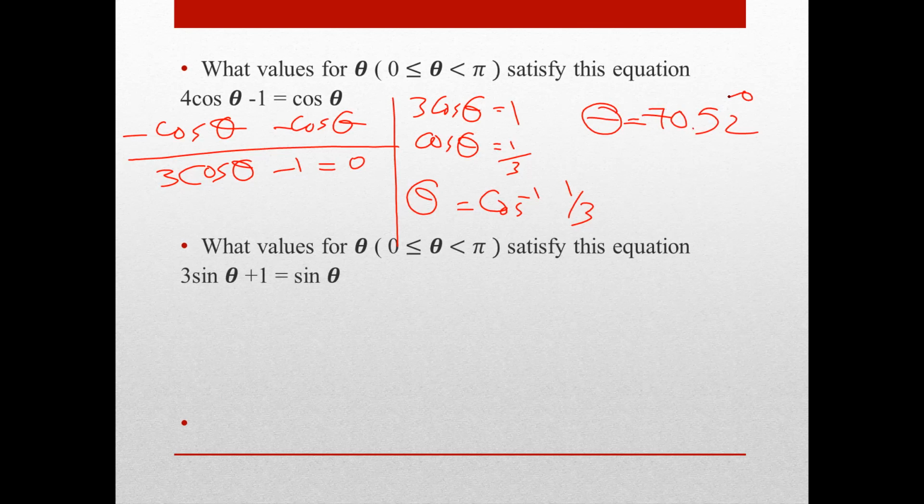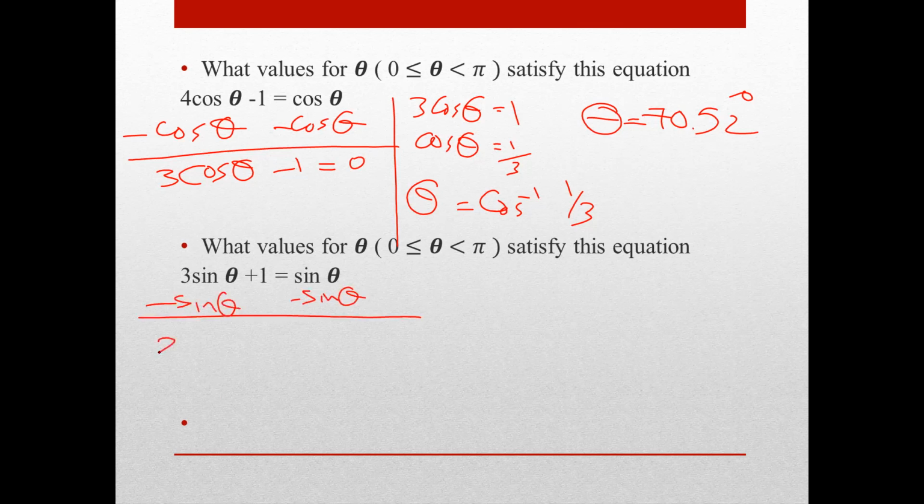Now, here is another example. Sine theta plus 1 equals negative sine theta. I want to find the values of theta inside this interval. Let's try now. Plus sine theta, plus sine theta.